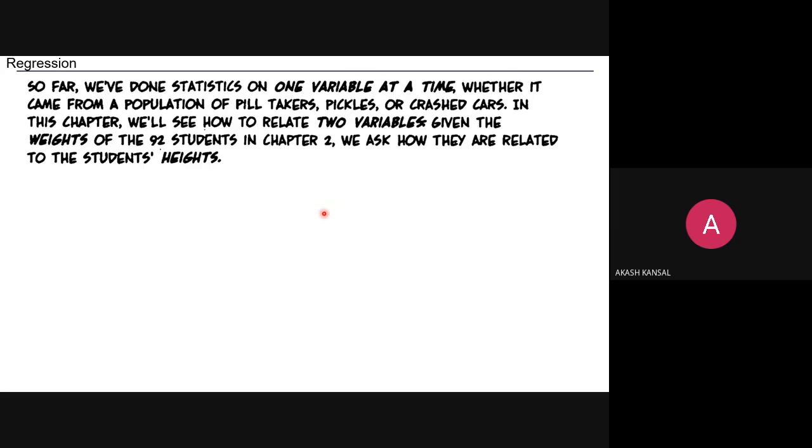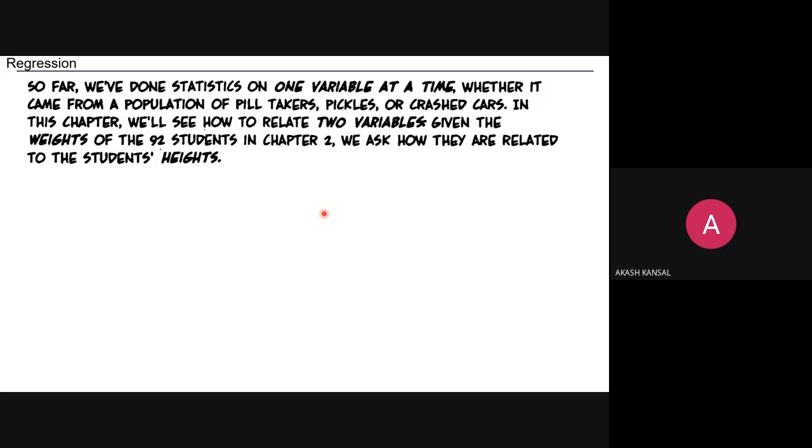Now, let's start the discussion on regression. Till now, we have done stats on one variable at a time, right? Whether it was coming from a particular sampled data that we had, or from a population of pill takers.